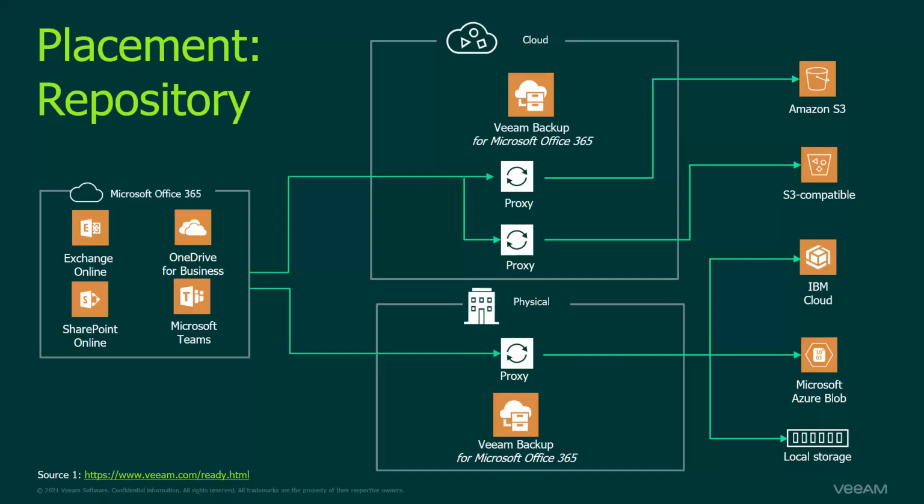However, the benefit with Veeam is that you can choose to use hyperscale object storage or build it in your own infrastructure. All the best practices are applicable to both. When choosing storage, keep an eye on the Veeam Ready database, which provides a list of partner solutions that successfully passed Veeam testing criteria. You get a link to it. There are two Veeam Ready categories, object and Veeam Ready certified.